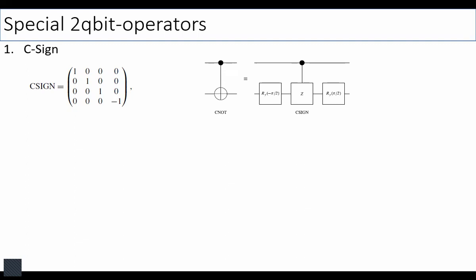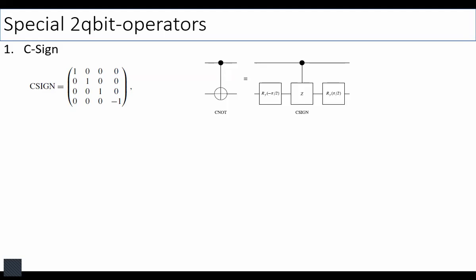Let me see how this goes. I first apply Ry of minus pi over 2 to phi. After this, I apply Control Z, and Control Z will do nothing, because the first qubit is 0.